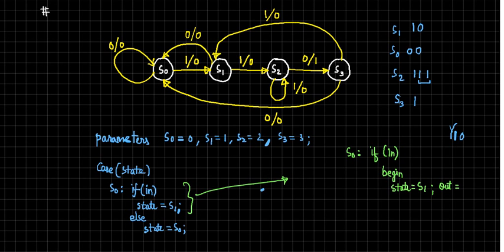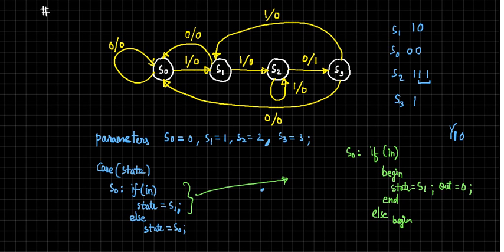After that, else, again 2 statements. Tell me, what will the state be? Now what is the state? When it will come to the else part, when the in is false, that means in is 0. When in is 0, what is it doing? It is retaining the same state.